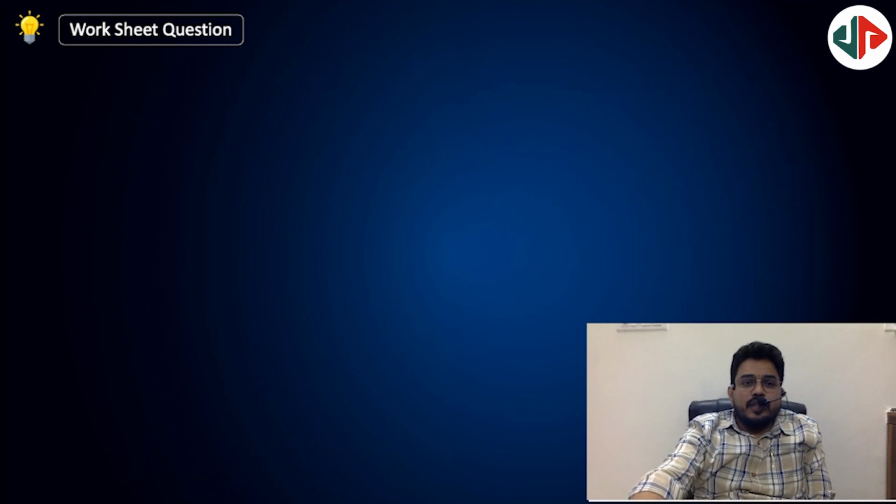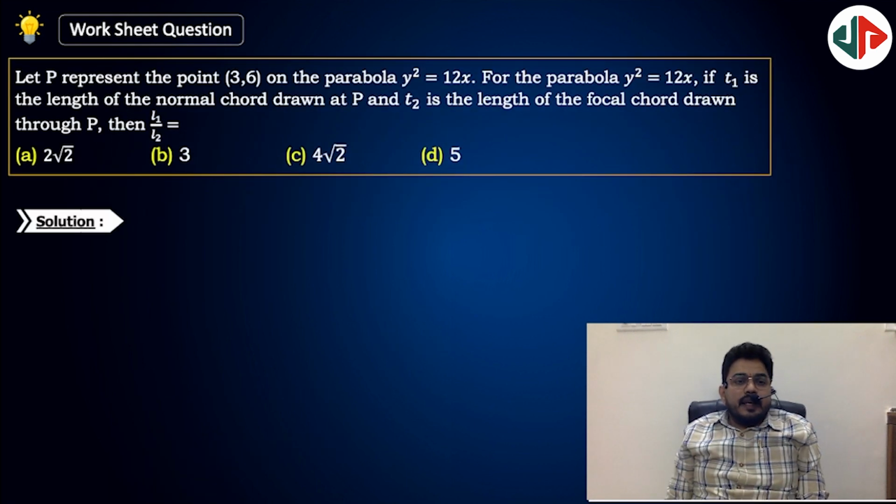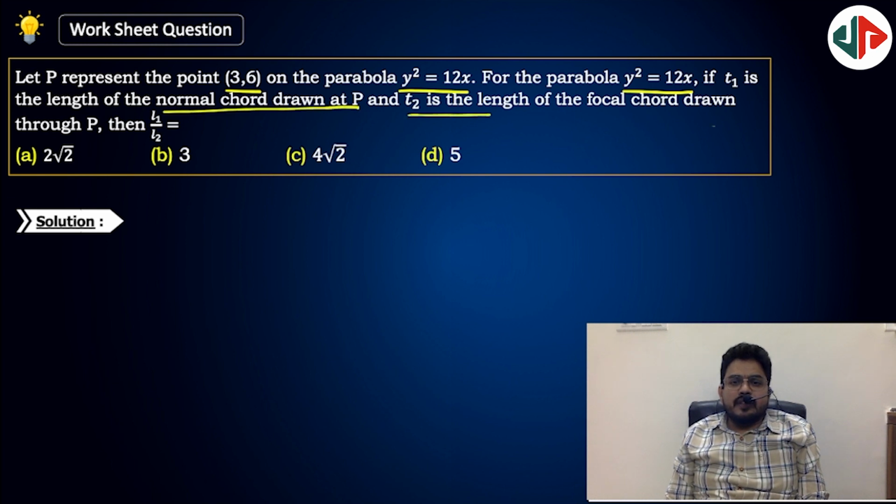Next question is, let P represent the point 3 comma 6 on the parabola y square is equal to 12x. If T1 is the length of the normal chord drawn at P, T2 is the length of the focal chord drawn at P, then I think this should be T1 by T2.